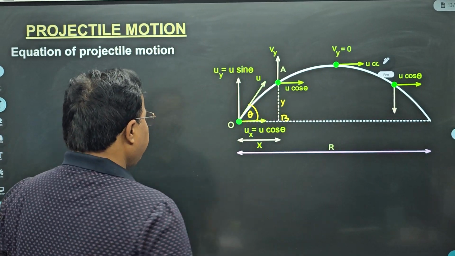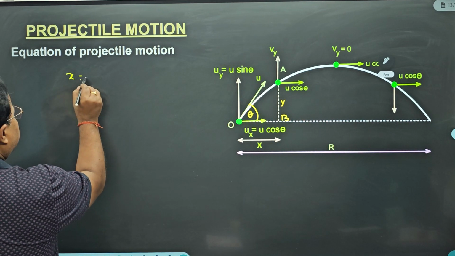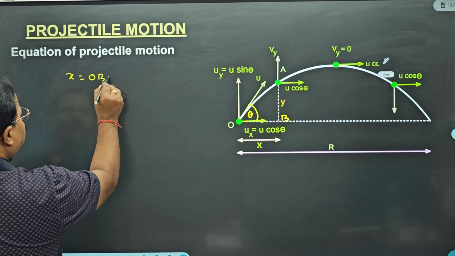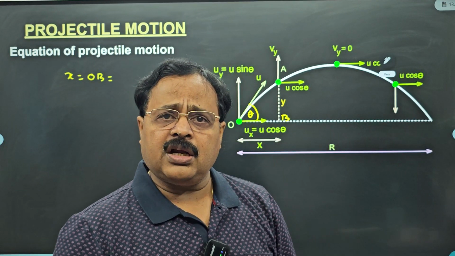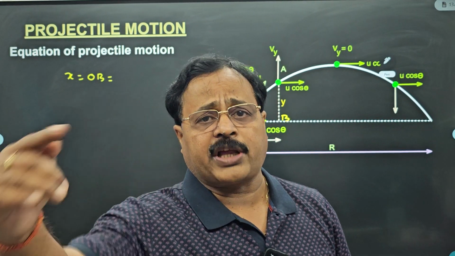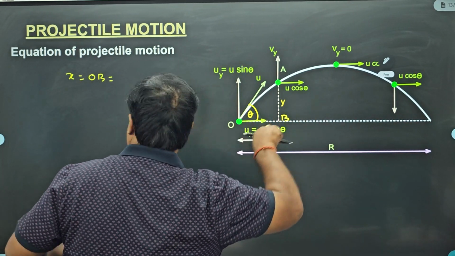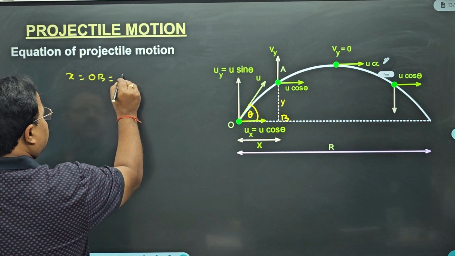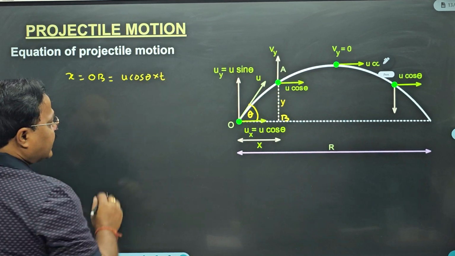My dear students, the horizontal distance covered is x equal to OB. We know the horizontal speed remains constant, and where the speed remains constant, distance is equal to speed into time. So the horizontal distance covered is equal to the horizontal speed into time. What is time t?